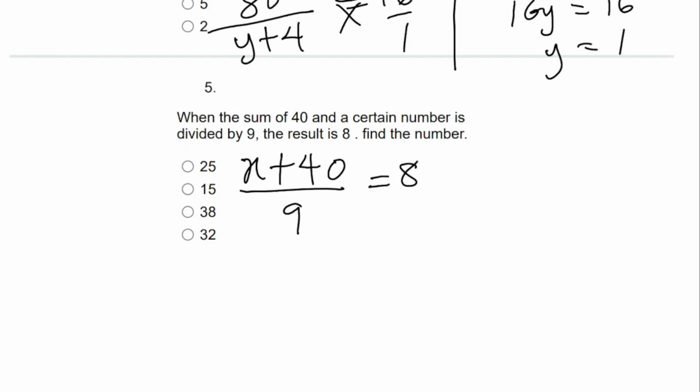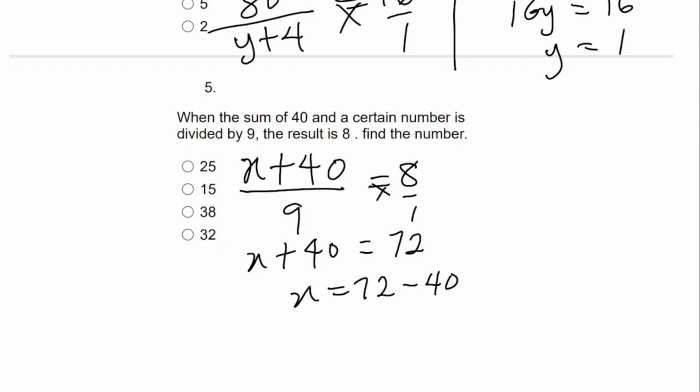So find the number. How do we do this? Just cross multiply here, that gives us x plus 40 equal to 72. 8 times 9 is 72. So that will be 72 minus 40, and that gives us x equals 32. That means the number is 32.